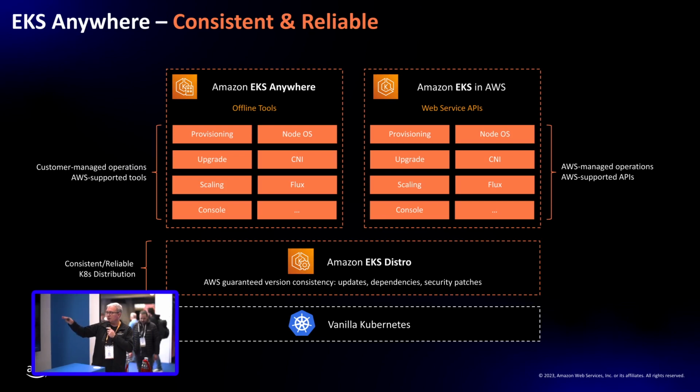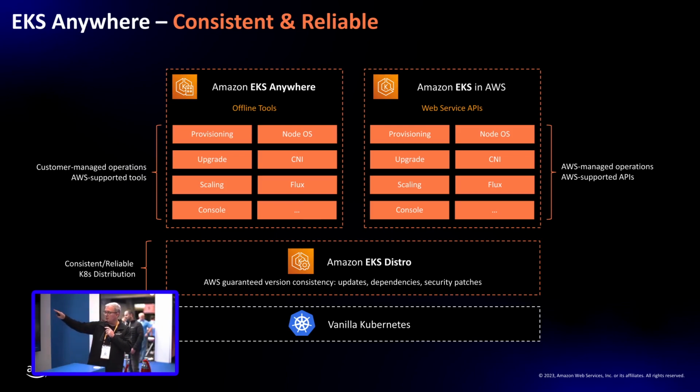Provisioning, Node OS, the CNI support, Flux for GitOps, those things are supported on both sides, but in different ways. In AWS, we have most of that automated for you with ALBs and NLBs for load balancing, for example. But in an on-premises environment, we don't have ALBs and NLBs, so we provide MetalLB as a curated package for load balancing.